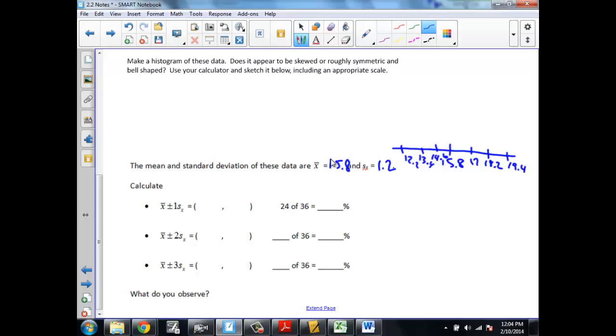So we could sketch the curve because what we need to figure out is, if I take my average plus 1 standard deviation and my average minus 1 standard deviation, the first standard deviation goes from 14.6 to 17, right?